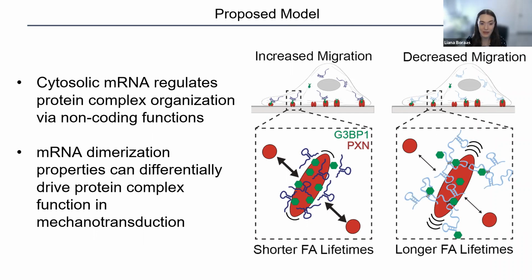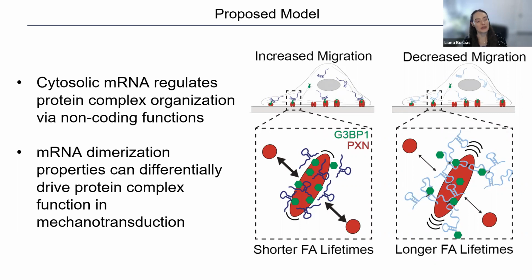So these are not being made into protein. They're simply changing the biophysical milieu around the focal adhesions themselves. And it's really the dimerization property that could differentially drive the way that these different protein complexes function. So we propose that it's the untranslated mRNAs, with the different dimerization properties, that could control cell migration speed.